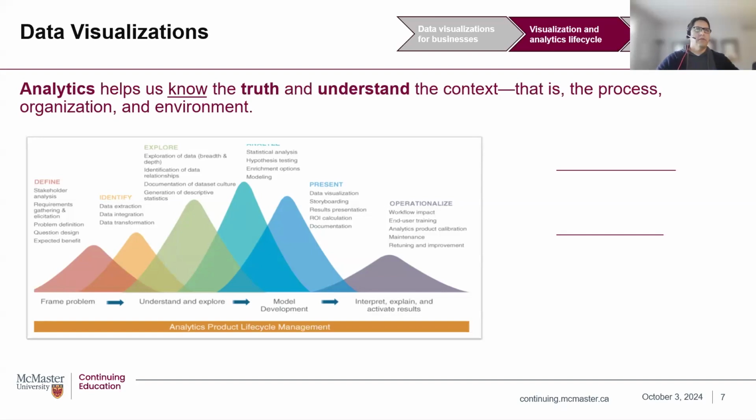The first thing that you see on the left side is that we have to first define the problem. Understand the requirements, ask the questions, right? As we discussed before, the context. Then you need to identify the data. So you need to identify where your data sources are coming from and how you're going to collect those. Provided you have the data, always in alignment with the definition of your problem.